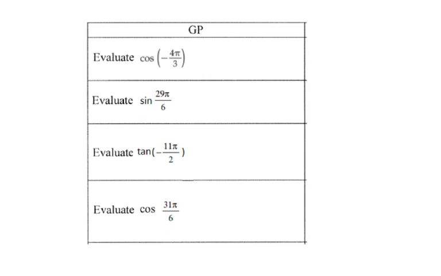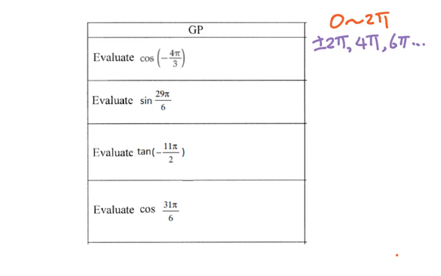Now let's go to guided practice. For number 1, we're looking for cosine negative 4 pi over 3. So first of all, remember that we need an angle between 0 to 2 pi. By add or subtract 2 pi, 4 pi, 6 pi, and keep going.